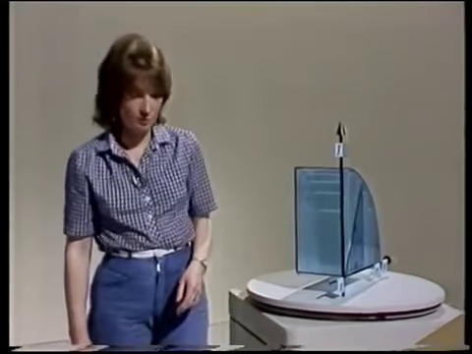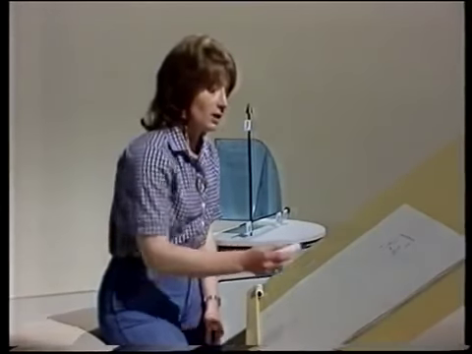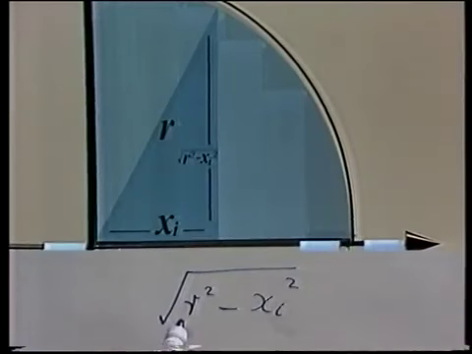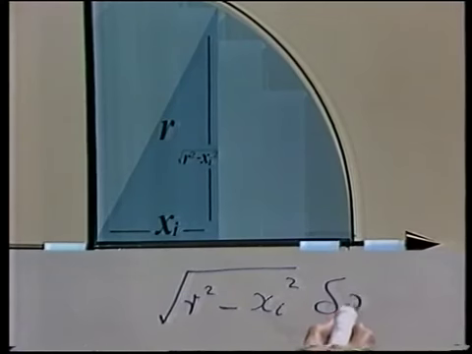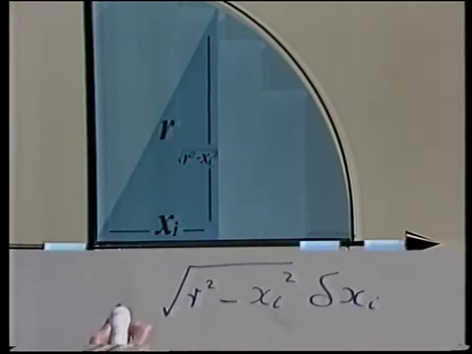Let's write that down. For the volume of the block, then, its height is the square root of r squared minus xi squared, times its width, that's delta xi, multiplied by its thickness, that's h.